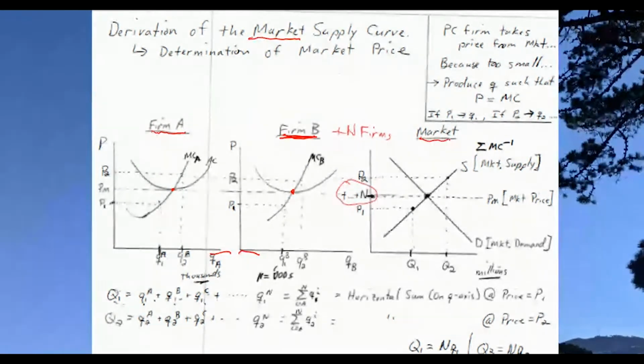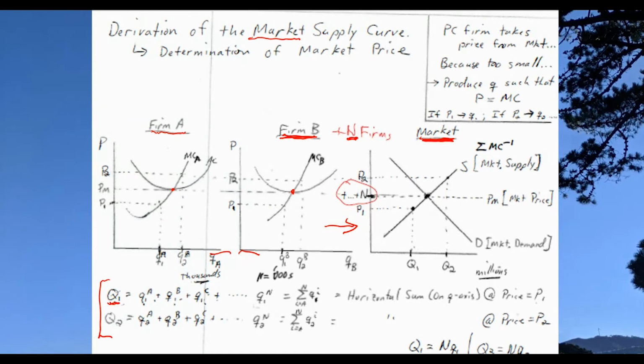So how do we get to the market supply over here on the right? Well, we're going to get there by summing up the quantities that individual firms will make across the N firms, N being the total number of firms that are supplying the product in the marketplace. All right, so coming down here on the bottom, we've got this notation.